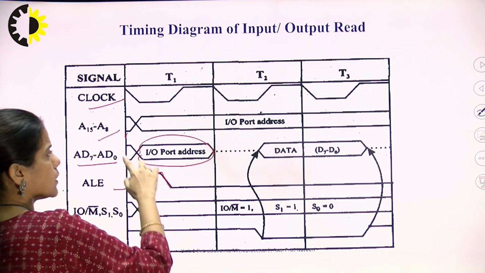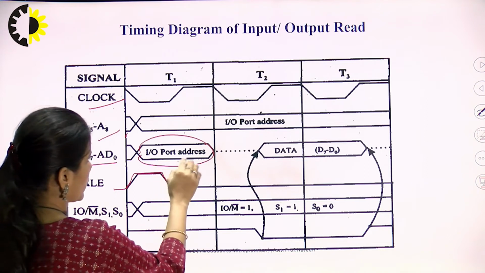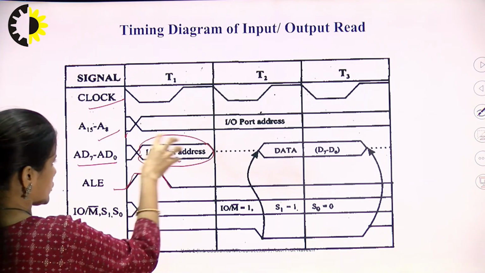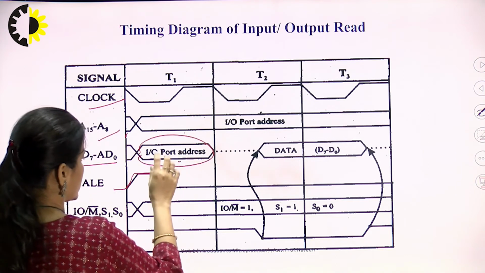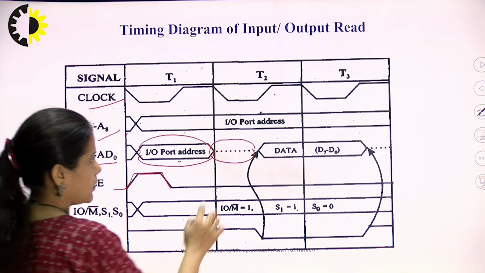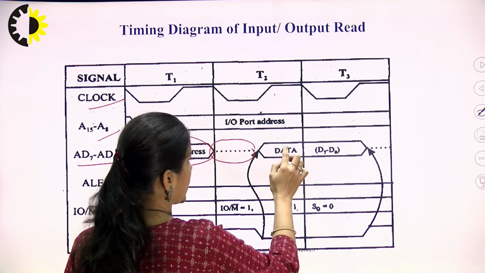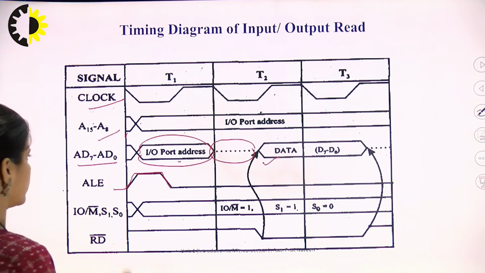During the T1 state, the lower order address holding the input output port address is demultiplexed and latched. Now after this it goes into tri-state, and during the later part of the T2 state, again the lower order data bus is latched.